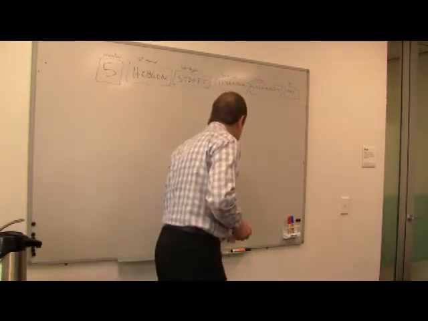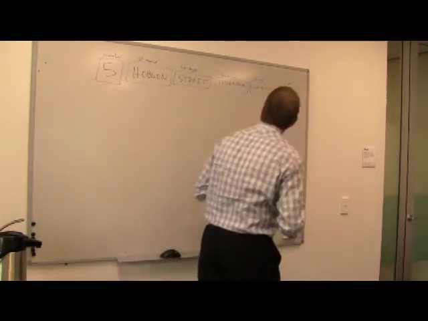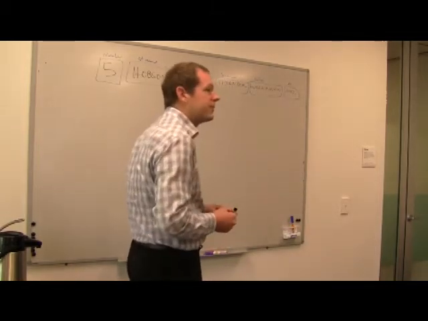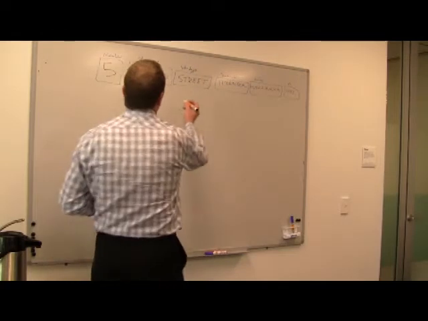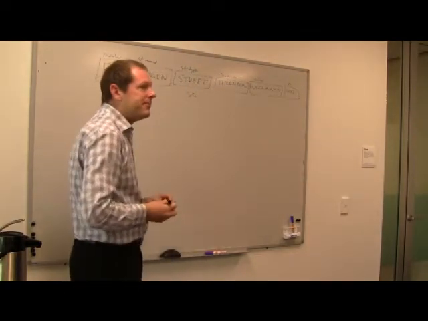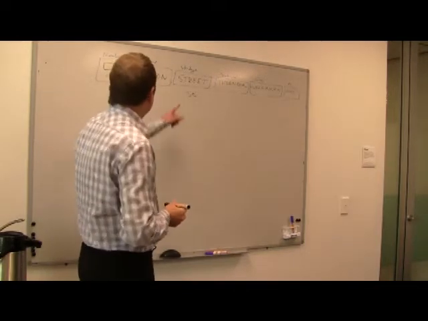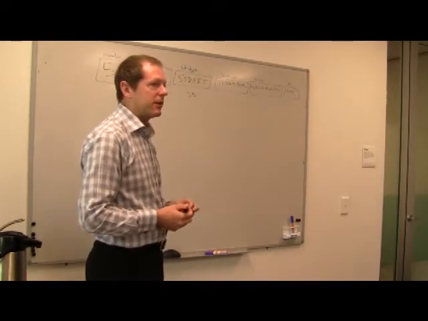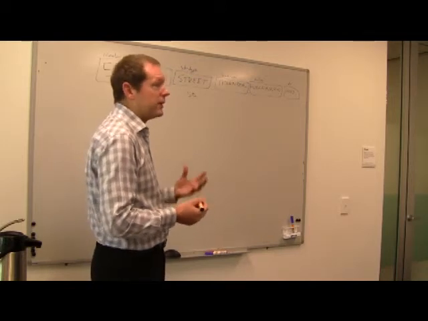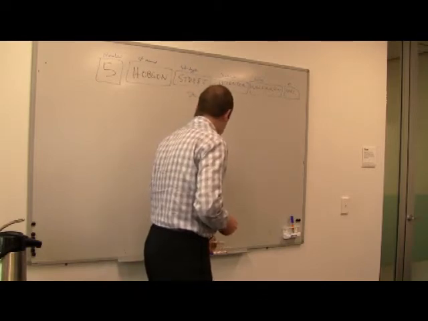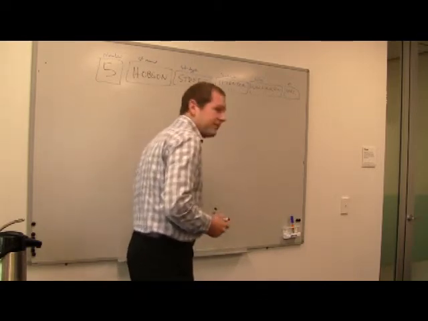Now, some of those can be represented in different ways. Street could be represented as ST. ST and street spelled out in full mean exactly the same thing. They're just represented differently. That makes them alternative components.